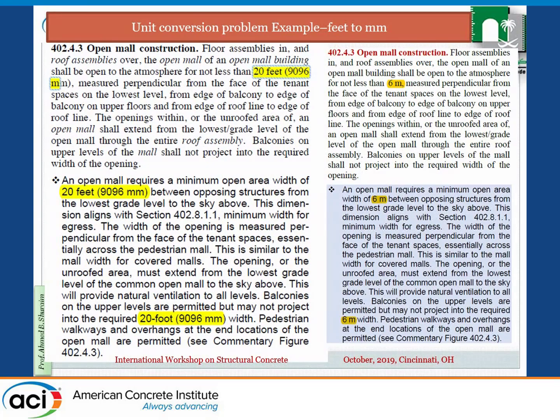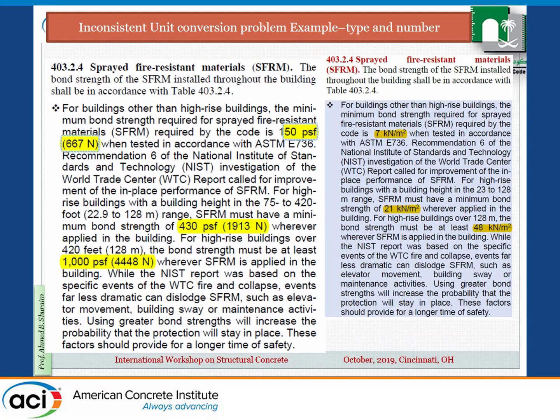You can see in this example, 20 feet is not 9,000, it is 6 meters only, and you'll find it several times. Here, for example, you have 150 PSF, and it is converted to 62 Newton. Of course, this is a pressure unit, and this is force, so conceptually it cannot be.